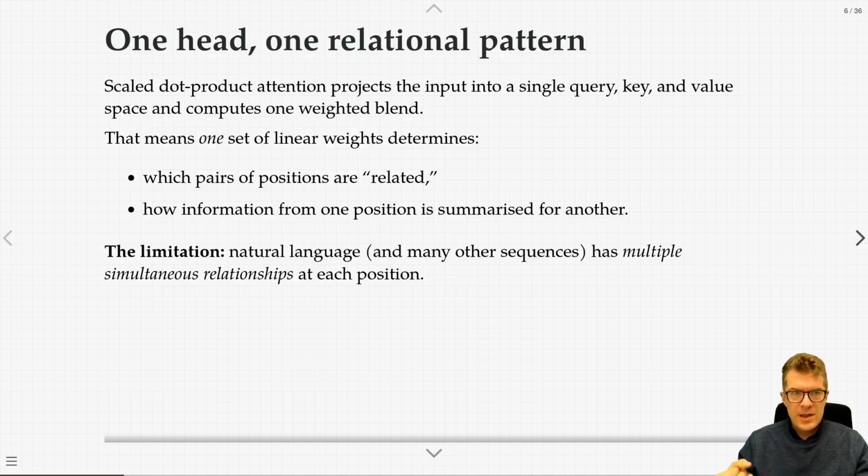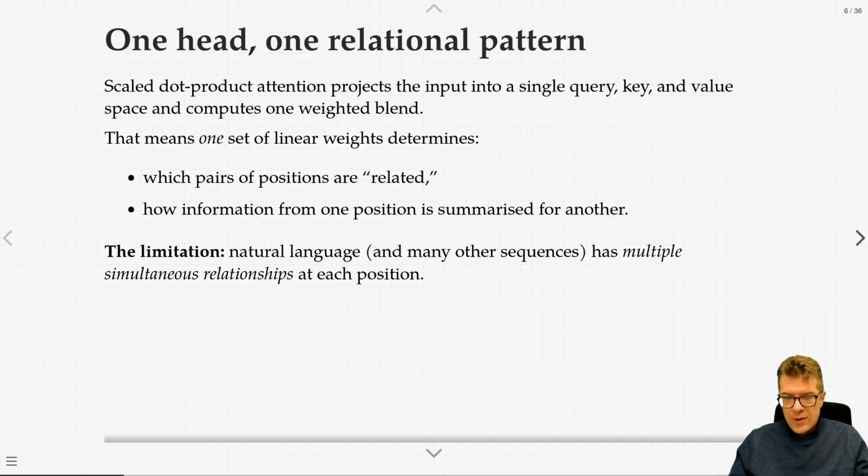But that means that there's one particular set of linear weights, and that determines which pairs of positions are related to one another. There's a strong degree of attention from right now to this particular other word. It also, therefore, immediately tells us how information from one position is going to be summarized in another, because we're going to weight the value vector from one position by an amount that's set once for that particular attention.